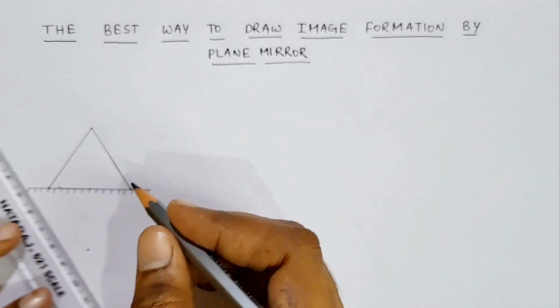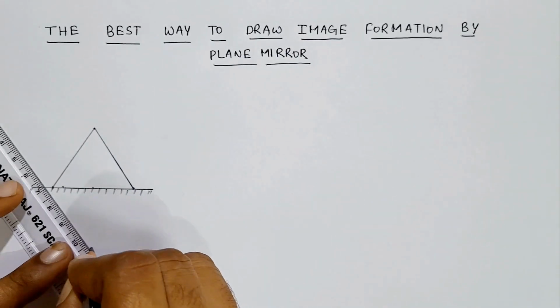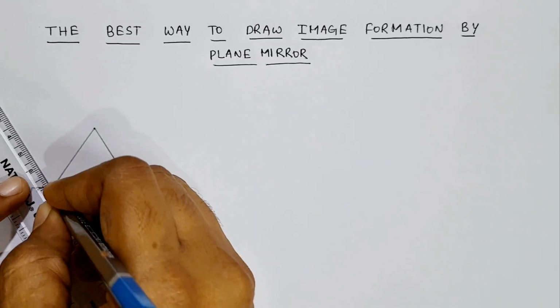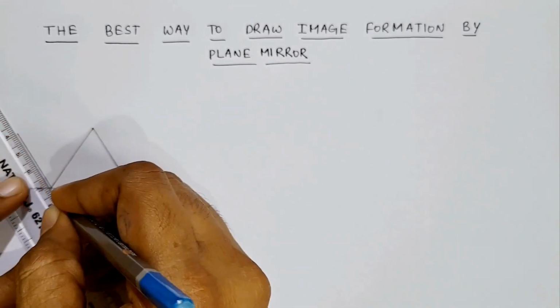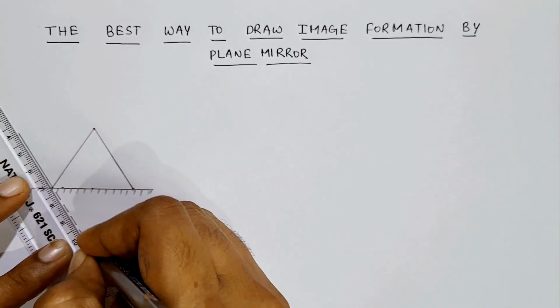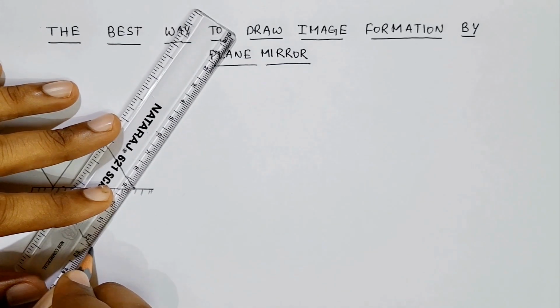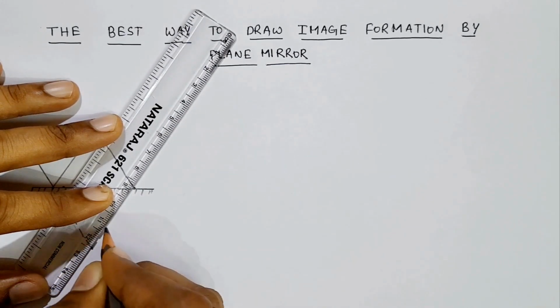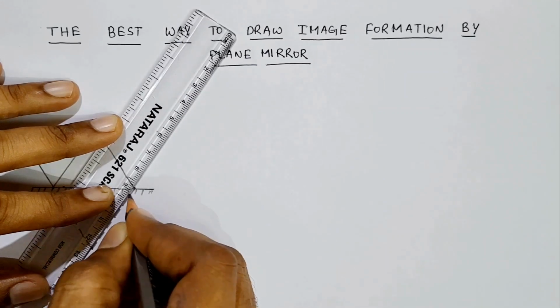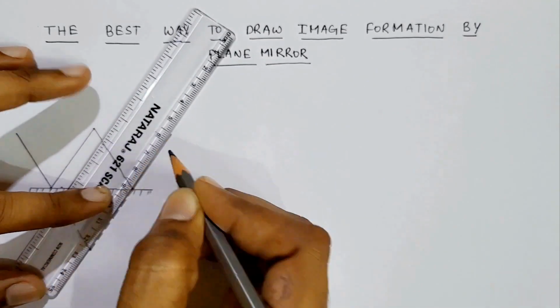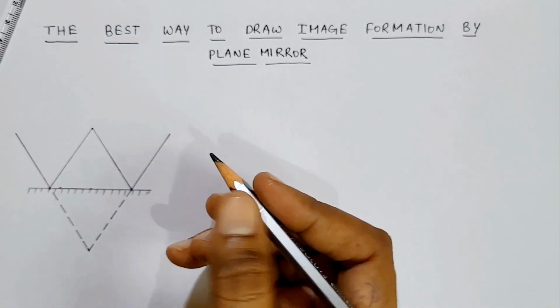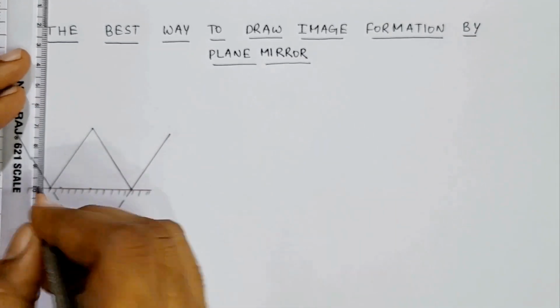Now the reflected light ray should start from this point. You know, right? The point where the reflected light rays meet is called the image. So from this point the reflected light rays should go back, and from this point to this point it should be dotted, and from here again thick lines. So now we got the ray diagrams.